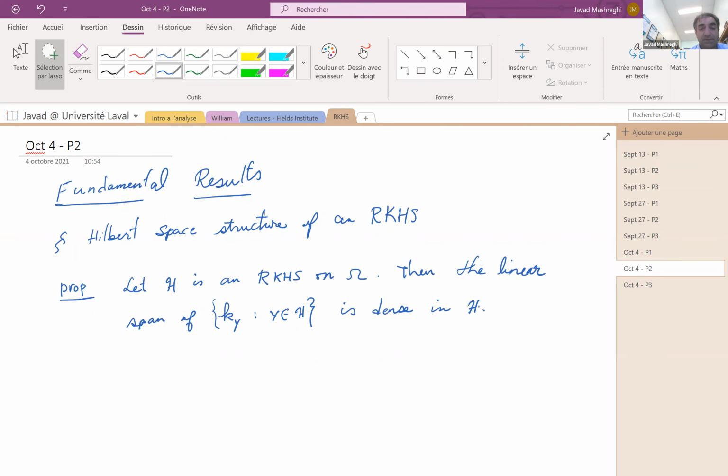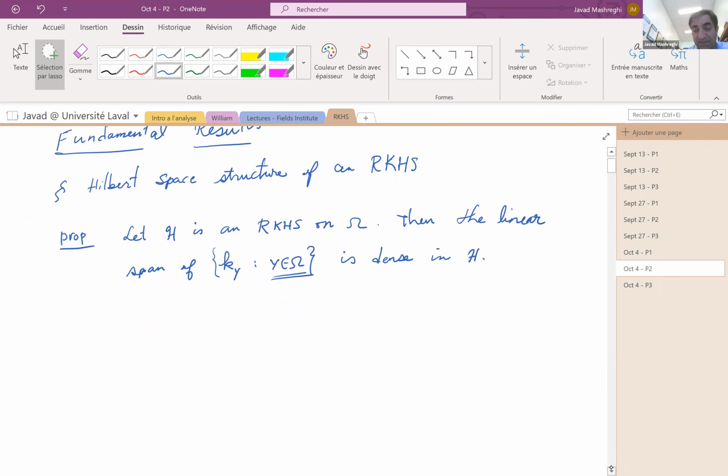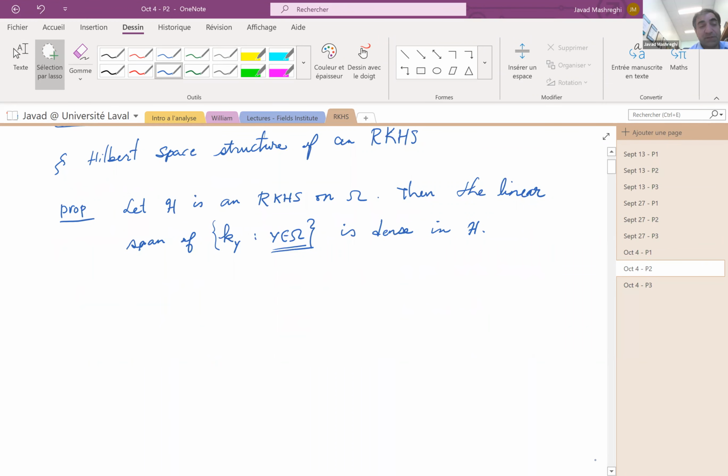That's the first version of a proposition of this type. In some spaces, we can replace omega here by something smaller; we do not need to consider all points of omega to obtain something which is dense. A smaller set is enough, but that's the first version of the theorem. And the proof is extremely easy. It's a standard Hilbert space technique.